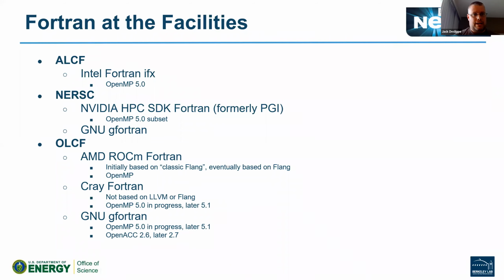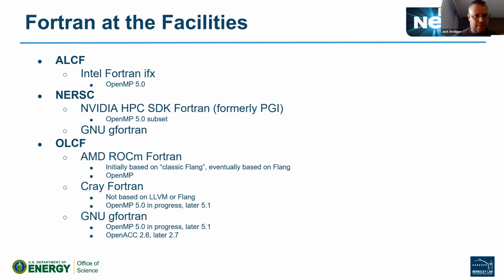So, Fortran at the facilities. I believe that at the ALCF on Aurora, you'll be largely targeting Intel's Fortran IFX at this point. At NERSC, we're relying largely on the NVIDIA HPC SDK, what was formerly the PGI compiler, as well as GNU Fortran.